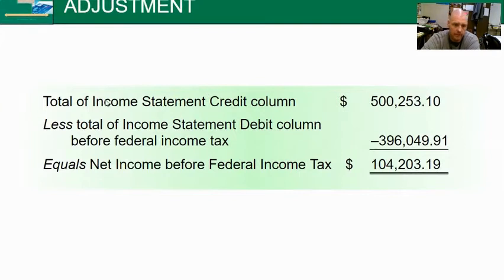So here's an example from the textbook. Our income statement credit column, a little over $500,000. Income statement debit, but not including federal income tax, $396,000. We had $104,000 in net income before taxes. Right? So the first $50,000 of that 104 is going to be taxed at 15%.